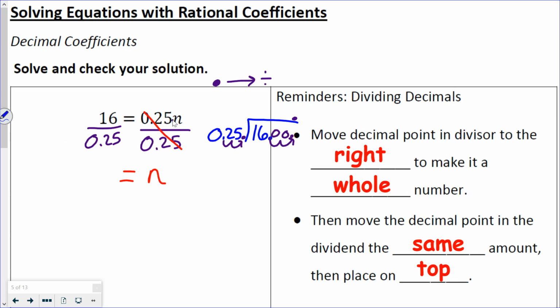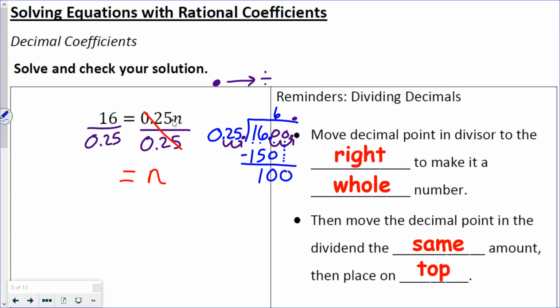I know 25 can't go into 1, 25 can't go into 16, but 25 can go into 160. If I had 6 quarters, that makes $1.50 or 150 pennies. And then I subtract, and I still have a 0 left that I need to bring down.